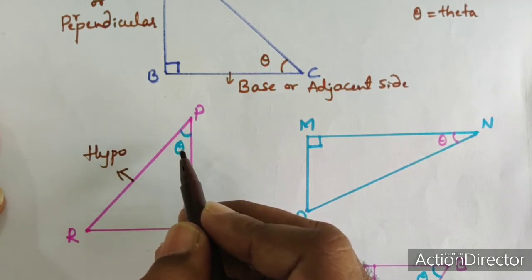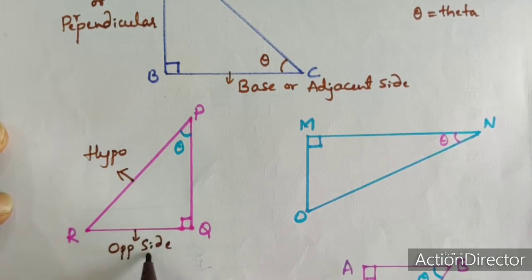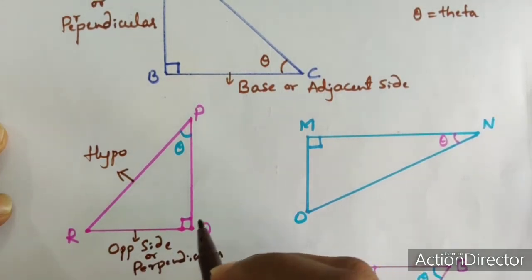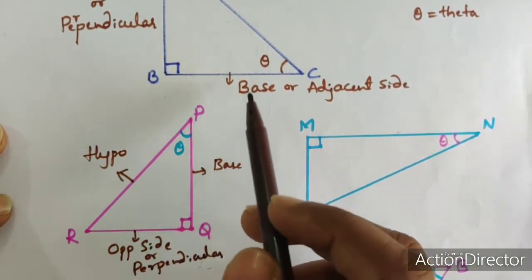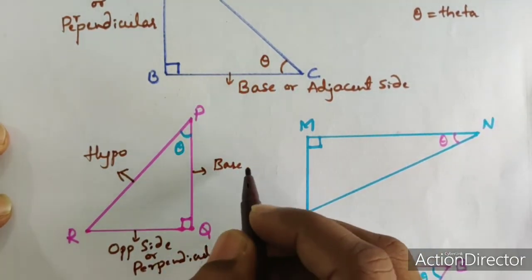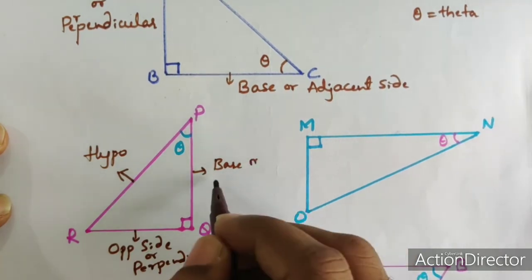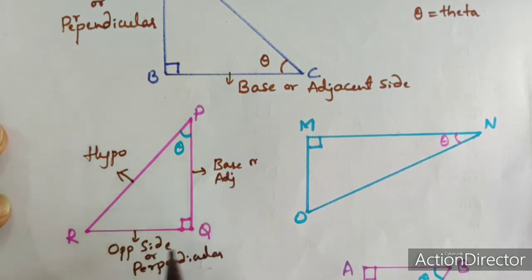With respect to theta, opposite to theta is called either the opposite side or perpendicular. The remaining side is called the base. You should not misunderstand that base means it will always be at the bottom. It's not like that. Base is the third side, or you can say the adjacent side. So this is the right angle triangle and the naming of sides is always with respect to theta.